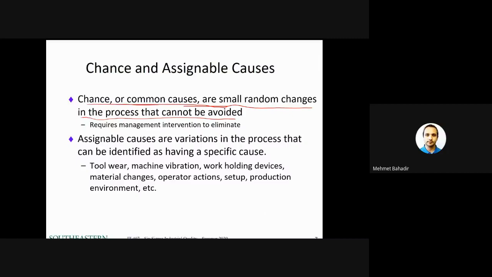But on the other case, as I mentioned before, if there is a certain specific pattern that you can identify in the process, and if it can be attributed to a certain change in the system, maybe a change in the material, setup, machine, operator, environment, or something else, and causes a new pattern in the process, then those are the assignable causes, the causes that can be prevented, the causes that can be changed, the causes that can be fixed.